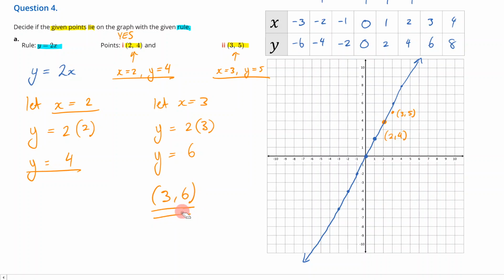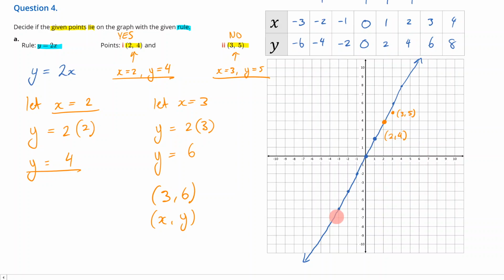Because remember, this is my x value, and this is my y value. So when x is equal to 3, y is equal to 6. So this isn't true. When x is equal to 3, y doesn't equal 5, it equals 6. So this is no, it doesn't lie on the line. And you can see that graphically here as well. Do you see how it's not on the line? It's over here, it's not on the line.